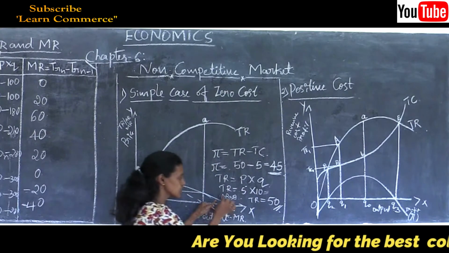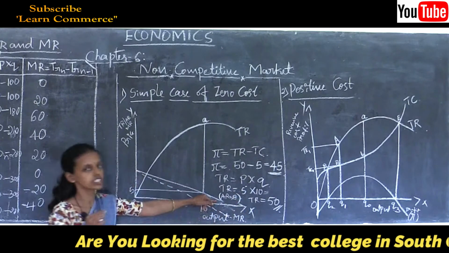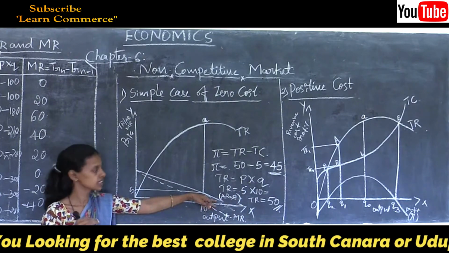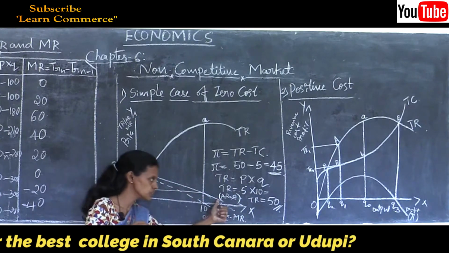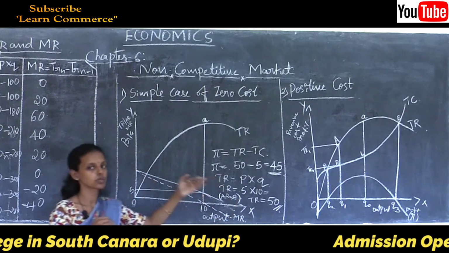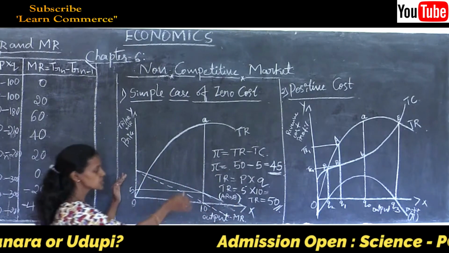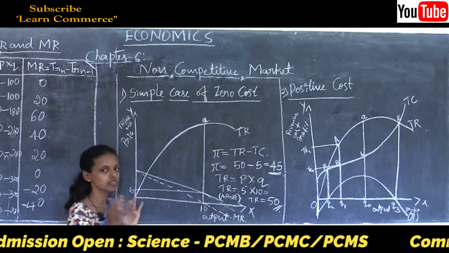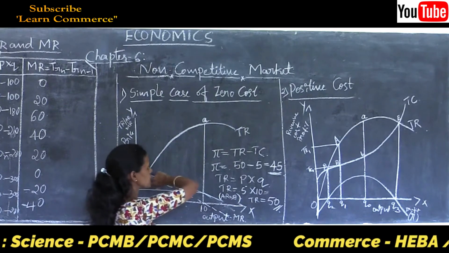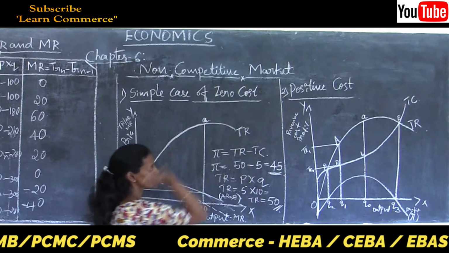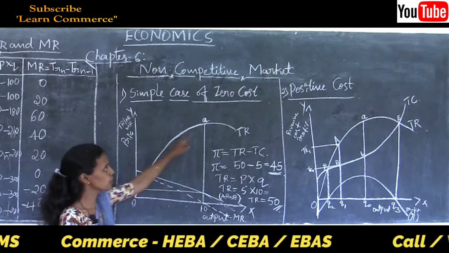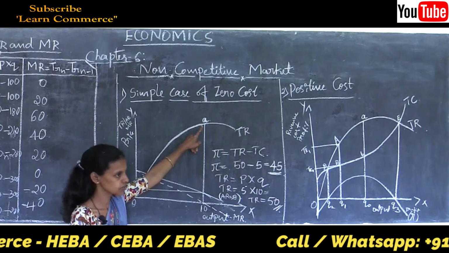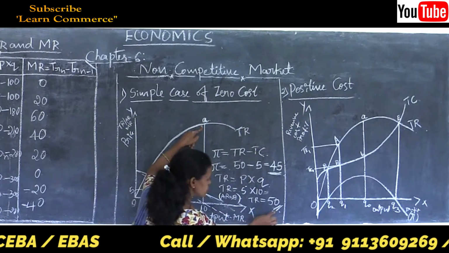Average revenue is nothing but the average demand for the commodity in the market. This average revenue line shows the average demand for the product in the market. So marginal revenue is nothing but additional revenue earned by the firm when the cost of production goes on increasing and profit increases. Up to the point A, the saturation point, total revenue is 50.